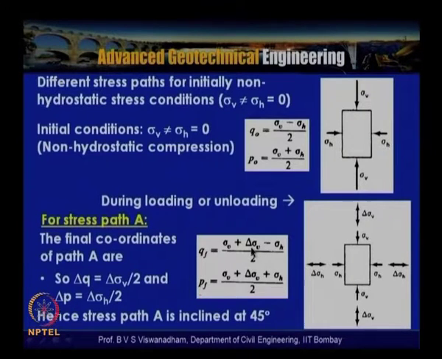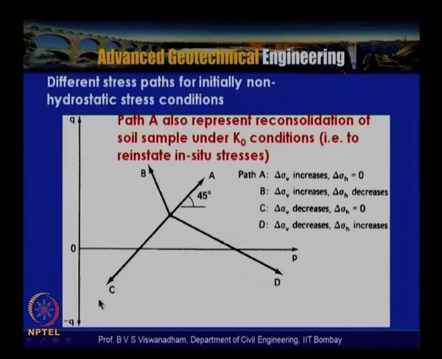Here we have increased sigma V, and in PF, which is (sigma V plus sigma H) by 2 plus delta sigma V by 2. So if you see, delta Q and delta P from the initial conditions are both increased by about delta sigma V by 2. So the stress path for this condition is something like this.